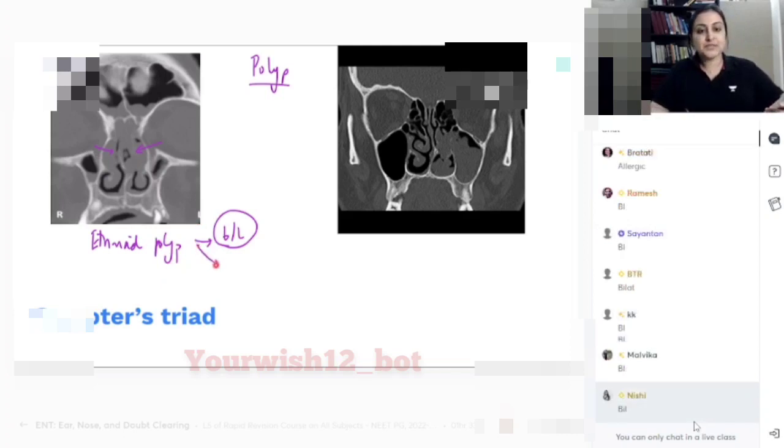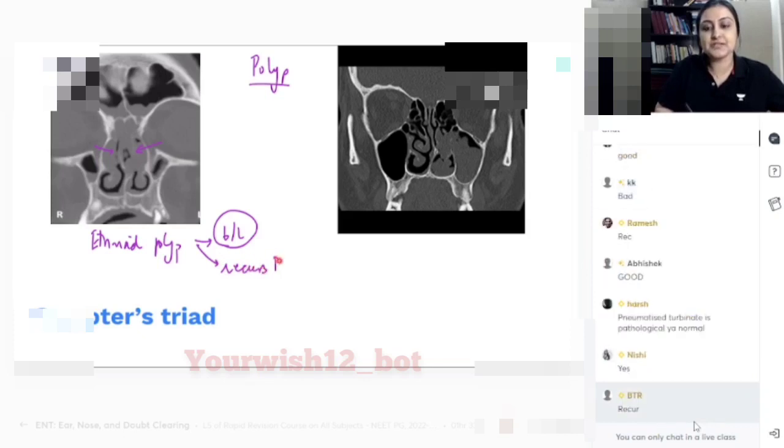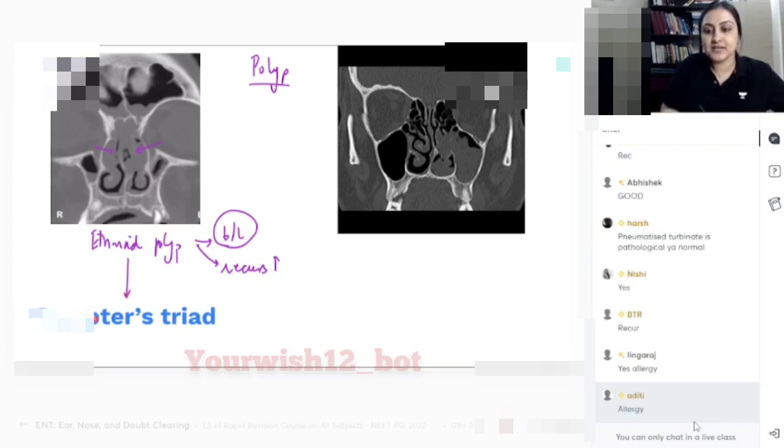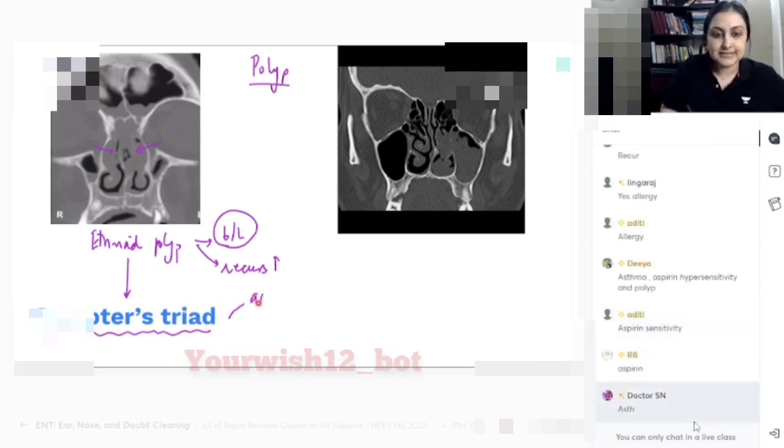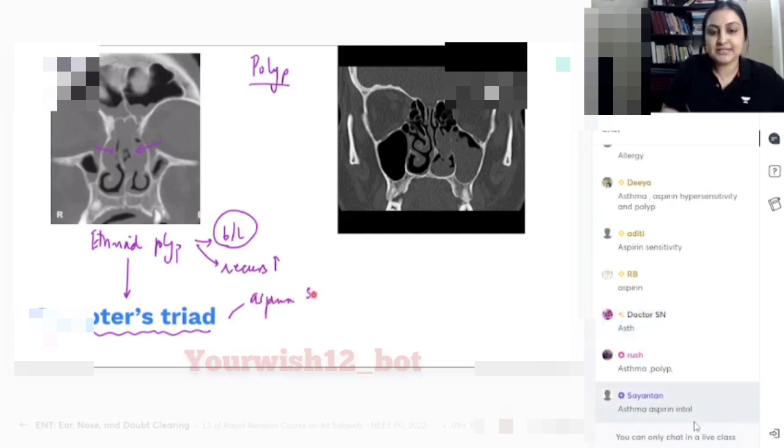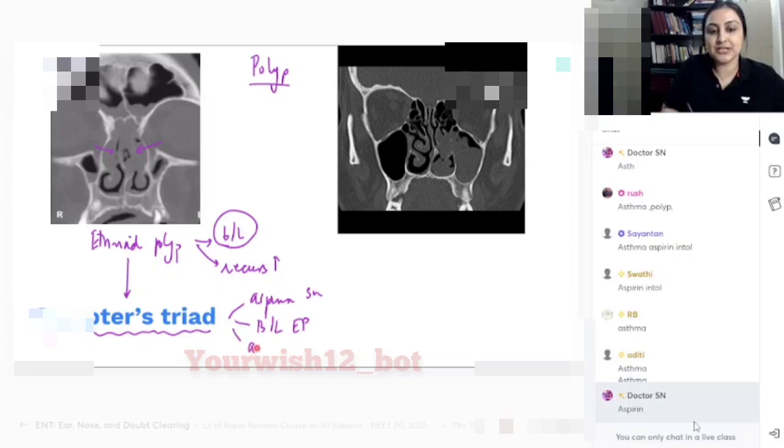Does it have good prognosis or bad prognosis? As in, does it recur? Yes, it recurs more commonly, right? So this is something which is going to recur more frequently. It is more bilateral, and it's associated with what? It is associated with Samter's triad. Tell me what Samter's triad is, children. Yes, there is aspirin hypersensitivity, there are bilateral ethmoidal polyps, and then it's associated with atopy or asthma.